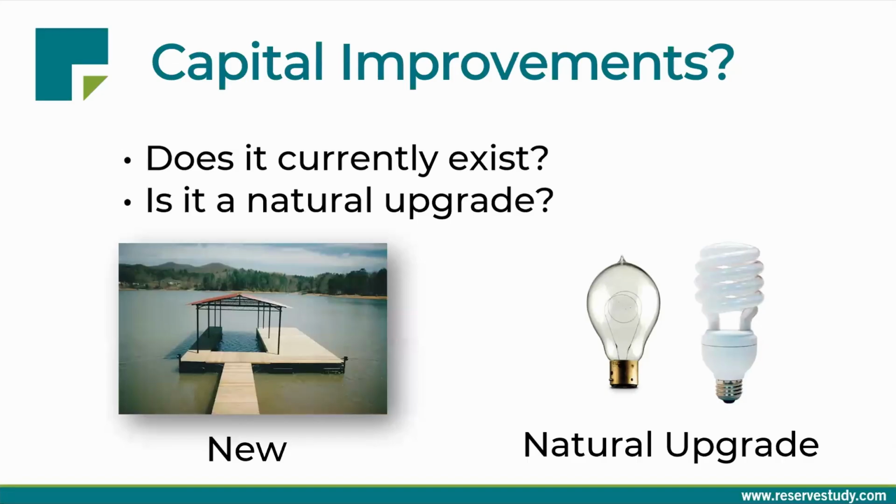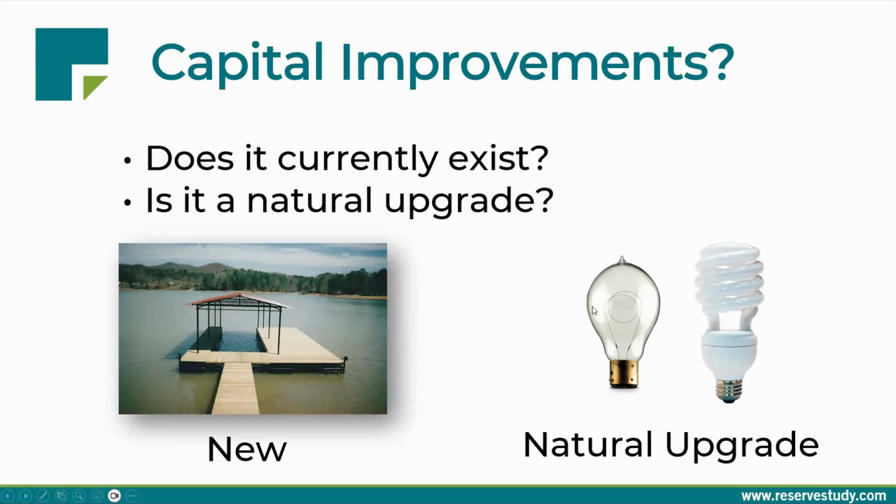Now, next we're going to talk about capital improvements. Can you spend money to add things to your association? Remember that reserves are for ongoing deterioration, but not to buy new things. So if you're thinking about buying a new dock where one previously didn't exist, don't do that with your reserve funds. That's the key. But if the asset needs to be replaced, it's totally fine to do a natural upgrade like you see on the slide.